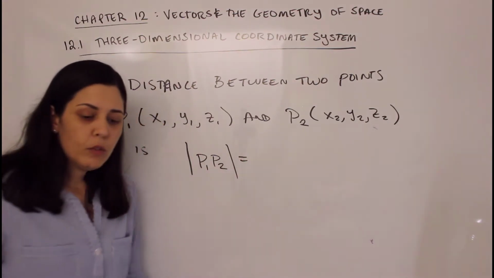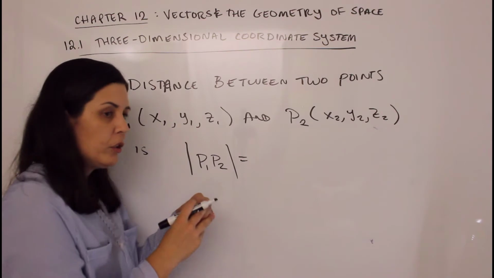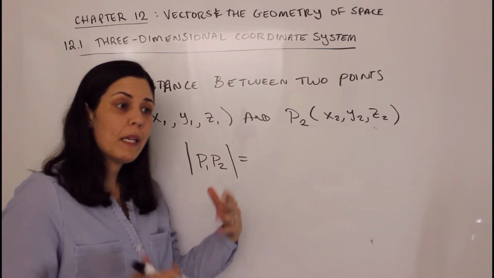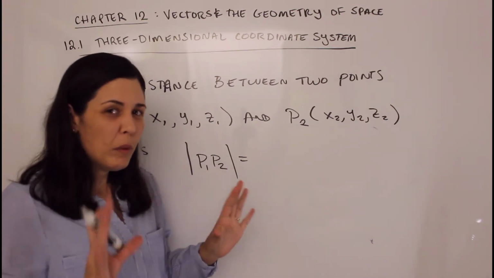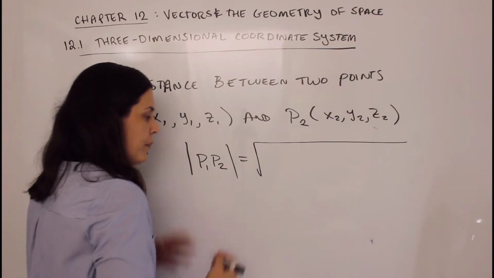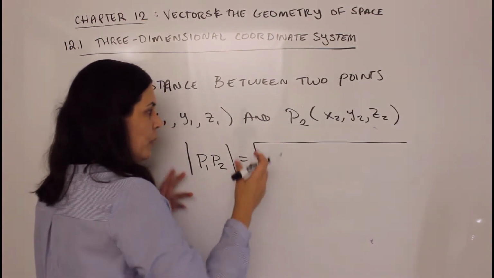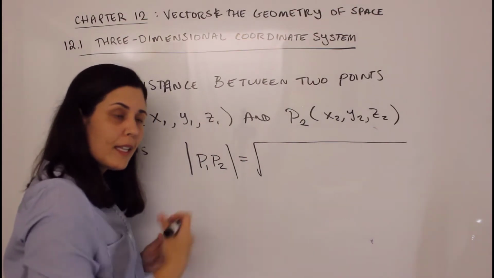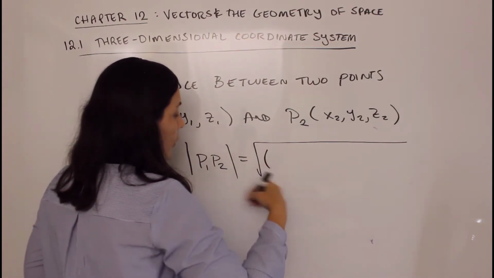And so the distance formula would be the square root of the hypotenuse of the triangle from the Pythagorean theorem. You don't have to remember all that. Here's the formula. Square root of the distance between the coordinates. You're going to square them and then add them up.